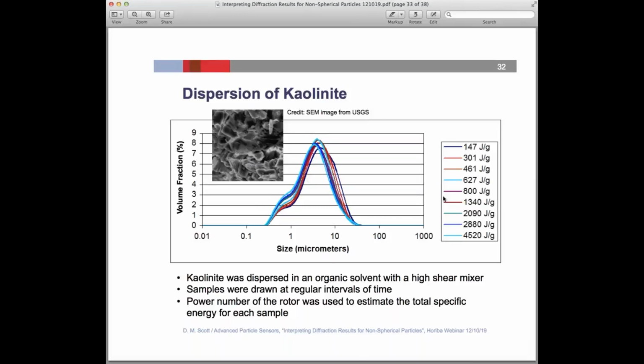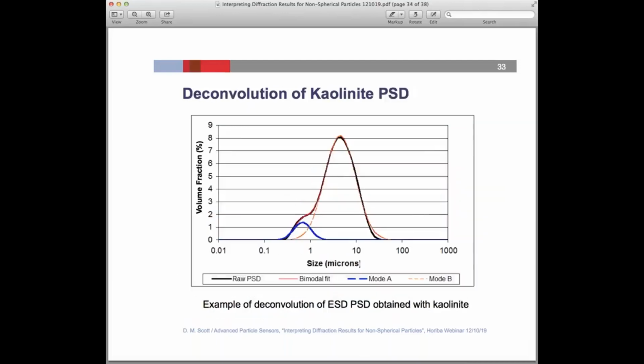And so you see a whole family of curves there, and they very clearly have a bimodal distribution, and it's changing over time. So we do the deconvolution, and what do we see? Well, we see a submicron peak, and we see a peak up around 5 or 6 microns in this case. So we get something that resolves quite nicely.